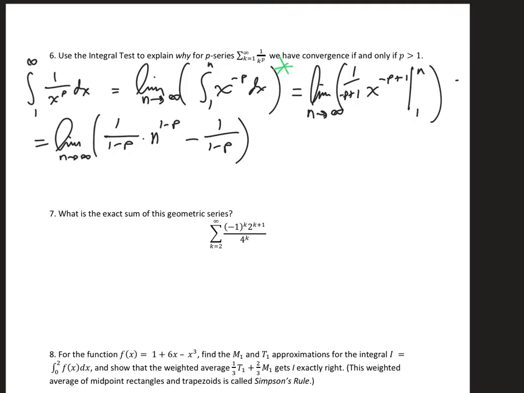And so the only question is, what's happening here as n goes to infinity? Well, it depends on the power. If that's n to a negative power, then that thing is going to go to 0. And that thing's going to go to infinity if the power on it is greater than 0.